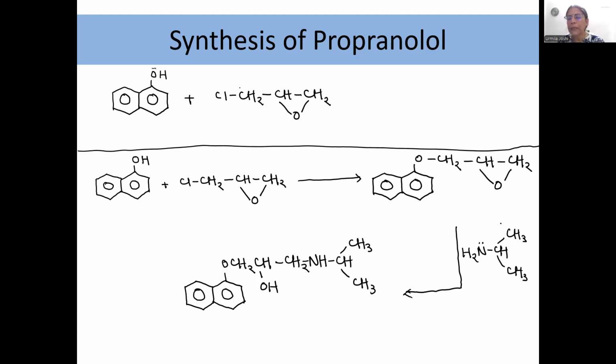Why only terminal carbon? Because this carbon is sterically more hindered. Terminal carbon is sterically not hindered. And both these carbons, being attached to oxygen, carry a partial positive charge and therefore can accept an electron pair. So, this electron pair attacks the terminal carbon.